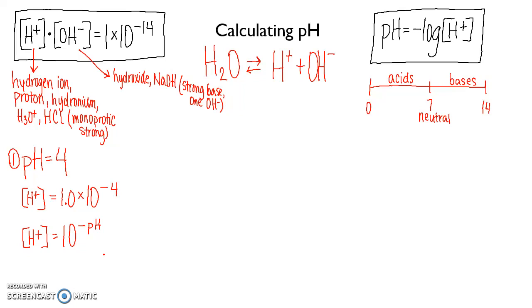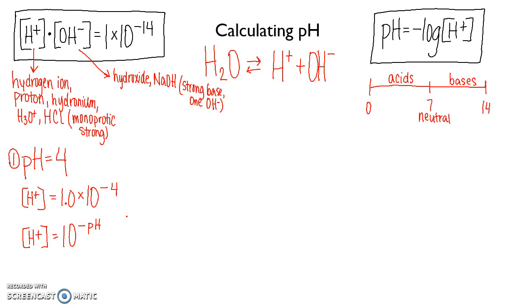So if the question was, you have a pH of 4, what's your H+ concentration? Then this would be a pretty easy question to answer. If the question instead was, what's your hydroxide concentration? Then this would be an example where we want to use our first equation.